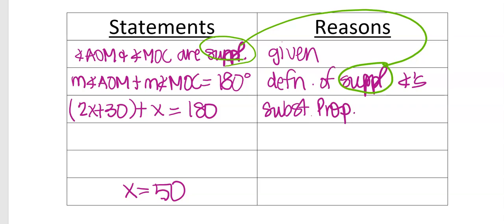Substitution can be used anywhere, so I'm not going to put an equals there. If you want to throw in equals, it's fine. Now, what happens is it went from a geometric proof that used letters to an algebraic proof that used letters. We know how to do the algebra stuff, right? First thing we do is put like terms together. 2x plus 1x would be 3x.